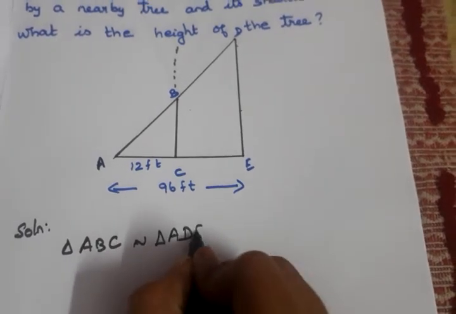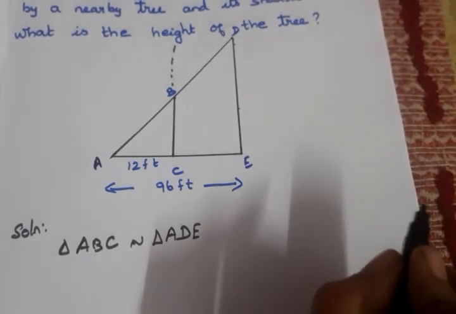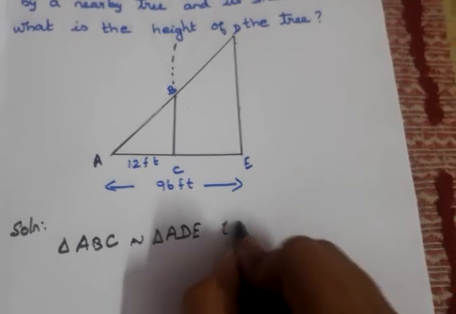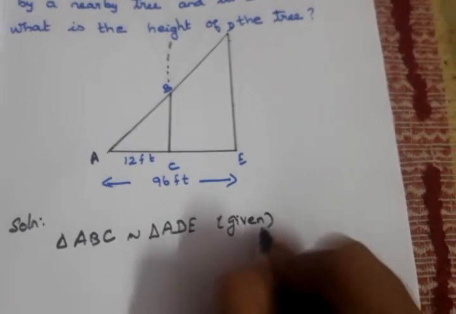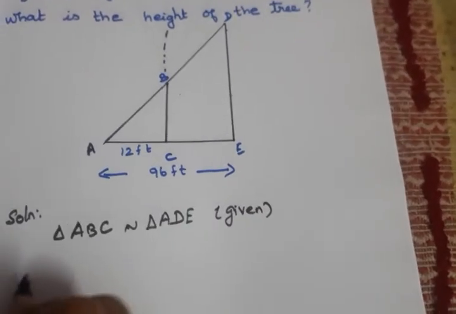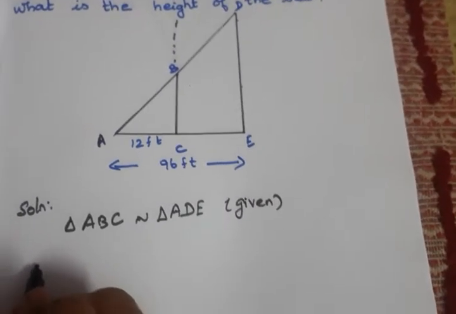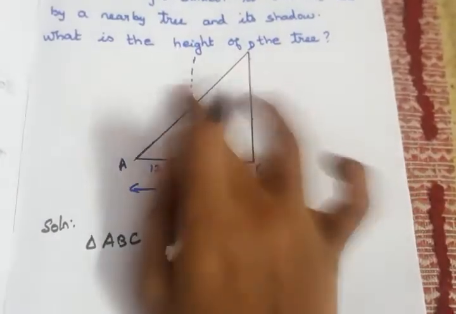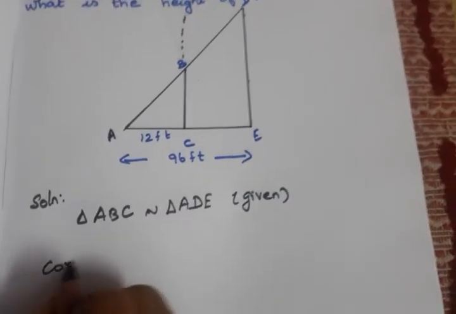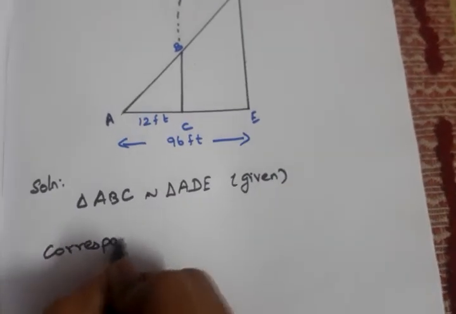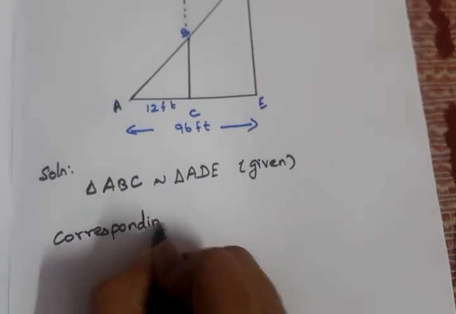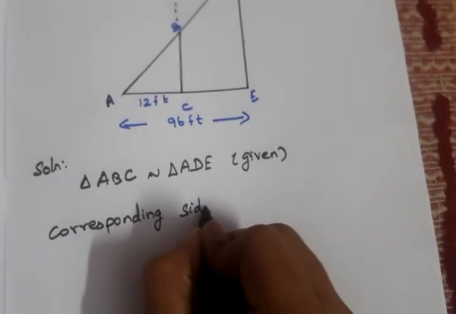That is congruent. So extend the line. That is a proportional triangle. It is already given, so their corresponding sides are equal. Already you know that. So corresponding sides are equal.